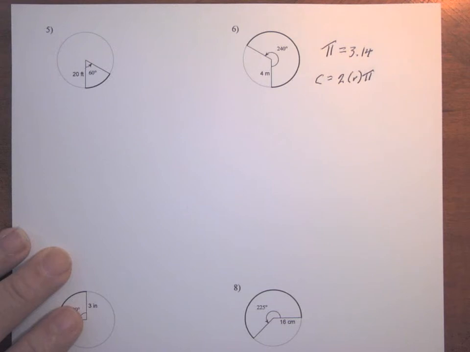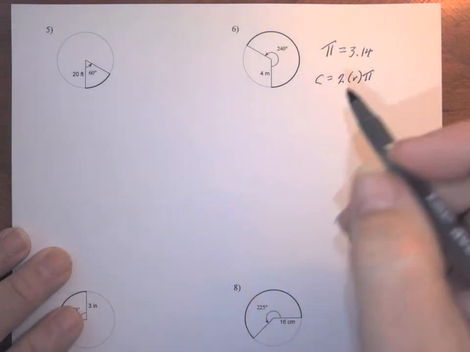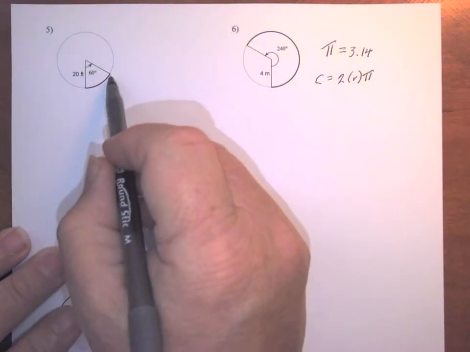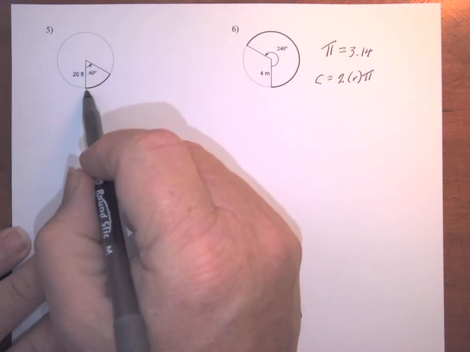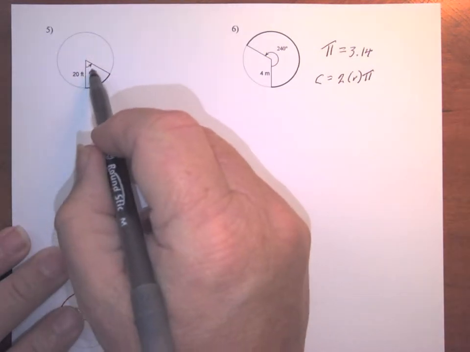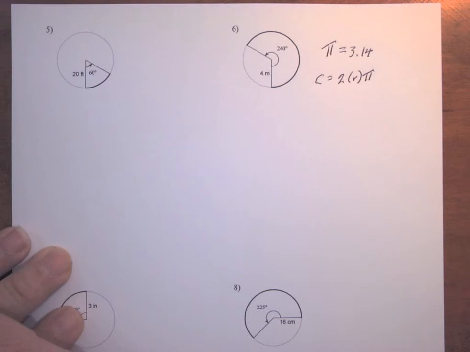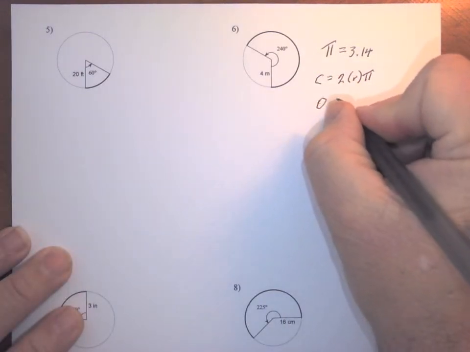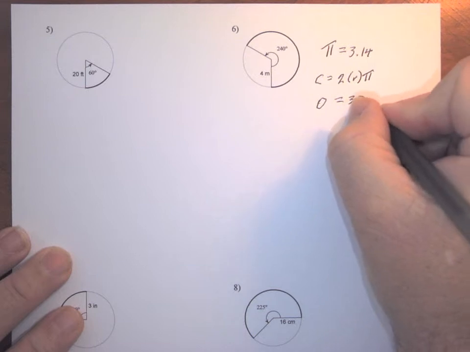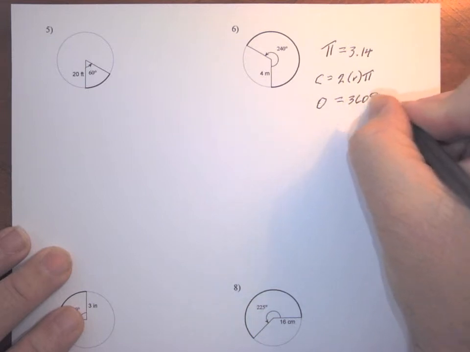Okay, and all that this section represents here is the portion of the total circumference that's covered by 60 degrees. And remember, a circle is equal to 360 degrees.